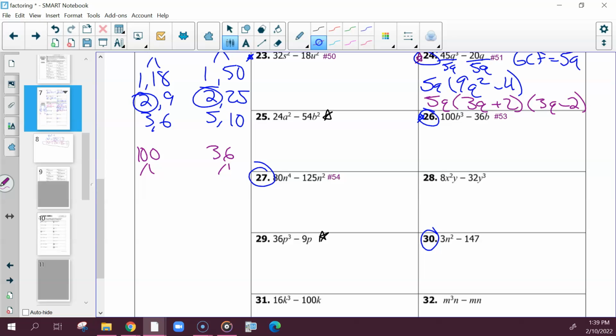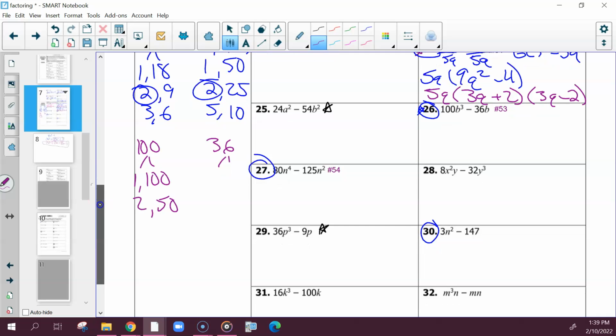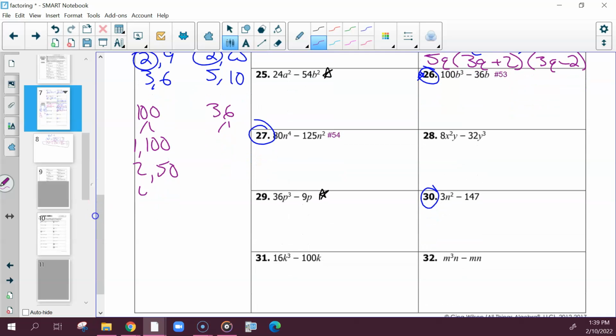Factors of 100: 1 and 100, 50, 4, 25, 5, 5 and 20, 9.